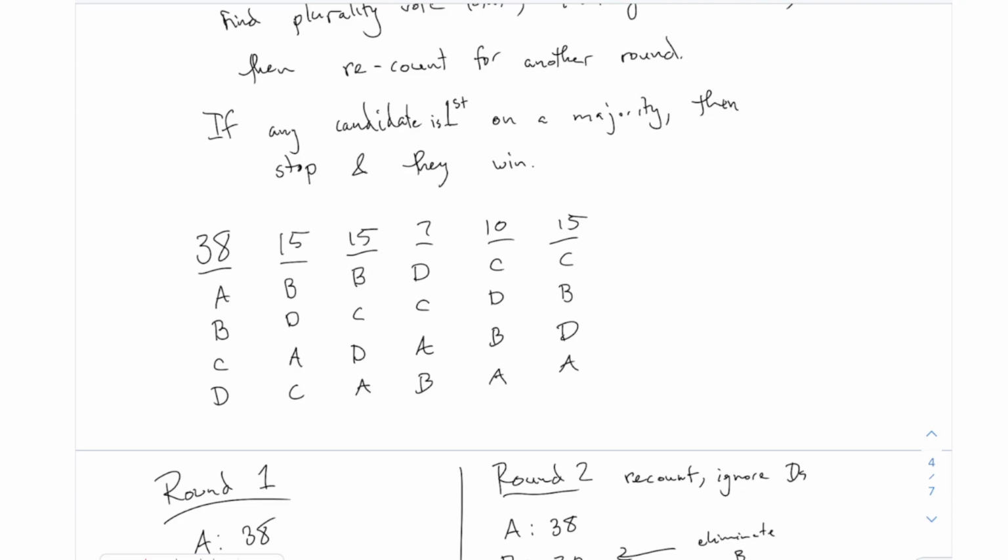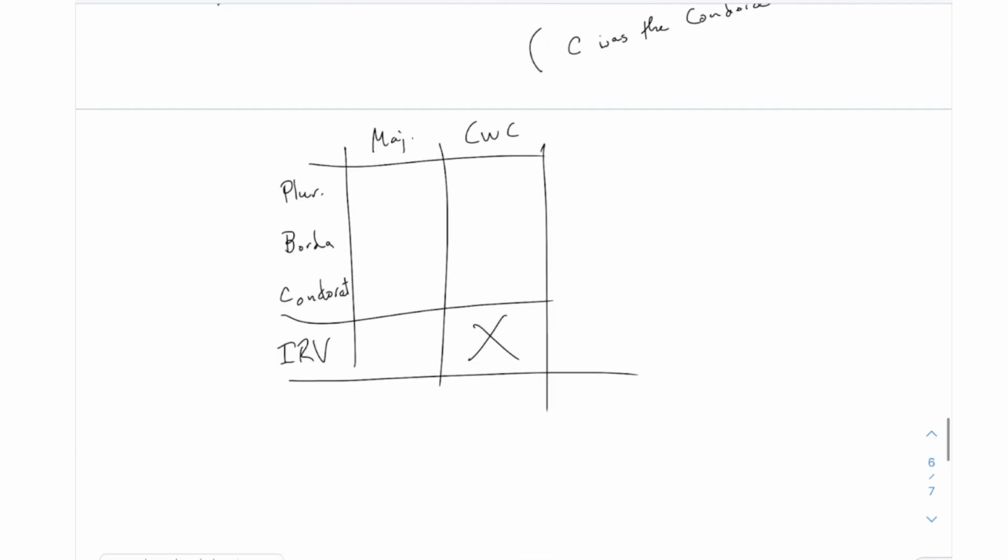So actually there is a check here. That's built into the rules of the instant runoff: if there is a candidate in any one of the rounds who has a majority in first place, they immediately win the election. Certainly if they have a majority in the first round, the whole thing ends and that person wins the election. So it does satisfy the majority criterion, but not the Condorcet winner.